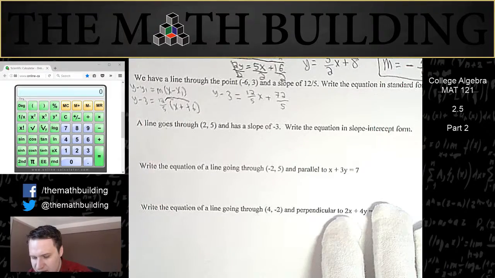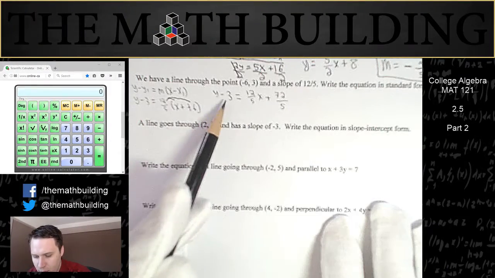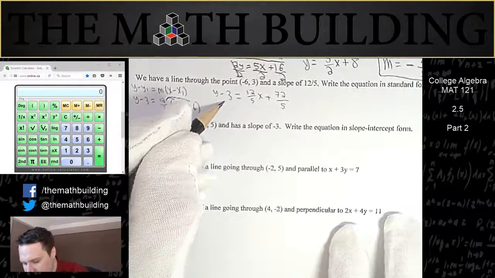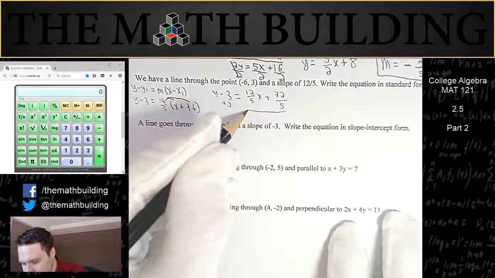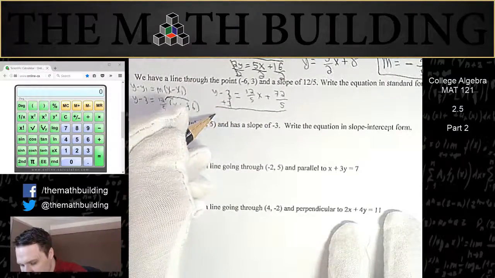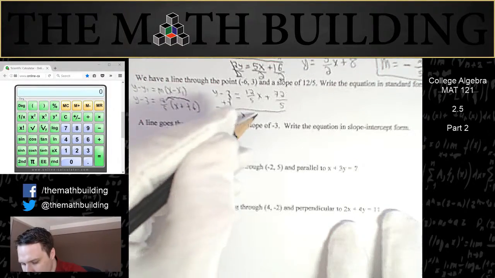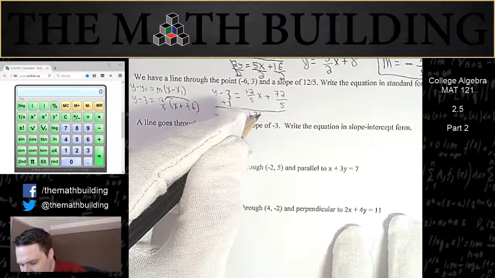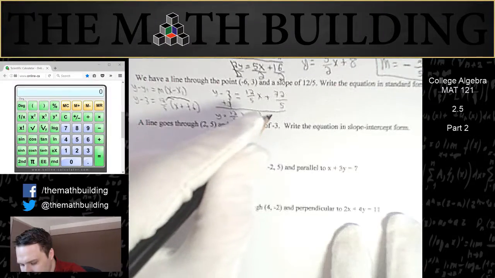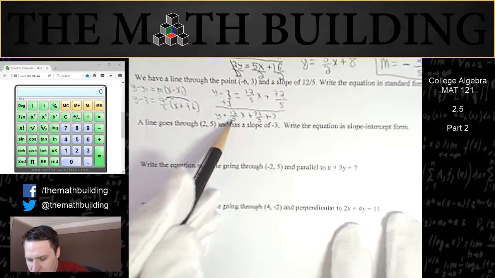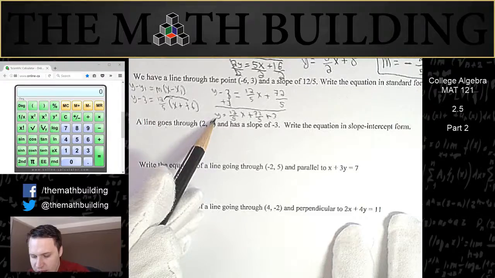So we're getting this in standard form, so we need to move our x term over and add this 3 over. Let's add the 3 over next. That'll give me y is equal to 12 over 5x plus 72 over 5 plus 3. The next thing we should do is subtract 12 over 5x over.